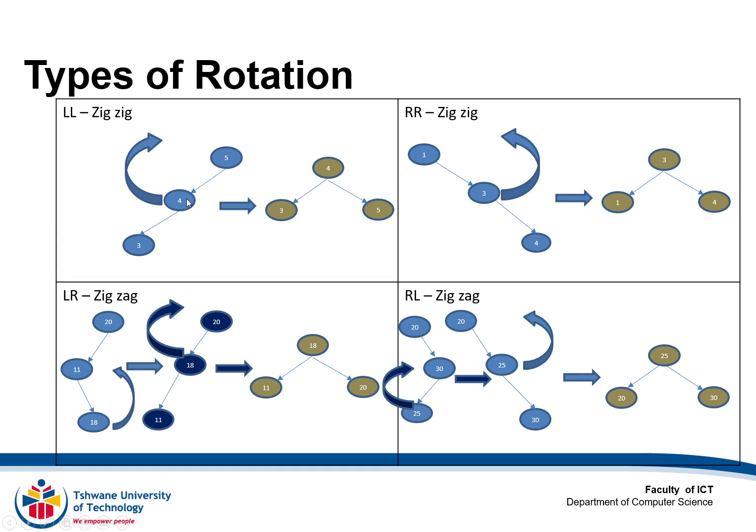And by doing that, because of the binary search tree, 5 will fall to the right of 4 and 3 will remain where it is, effectively giving you what you see right here. It's as simple as that.